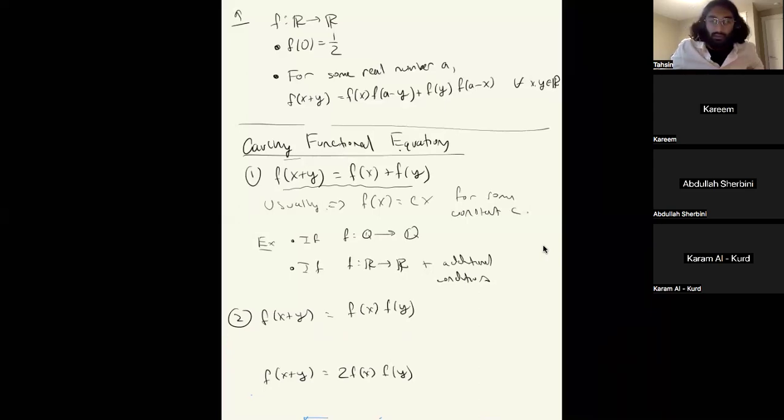And the reason that is similar is because this is the same as log f of x plus y equals log f of x plus log f of y.